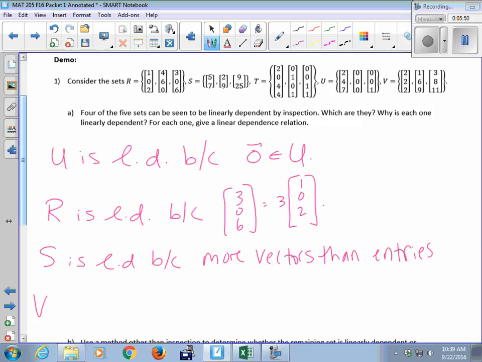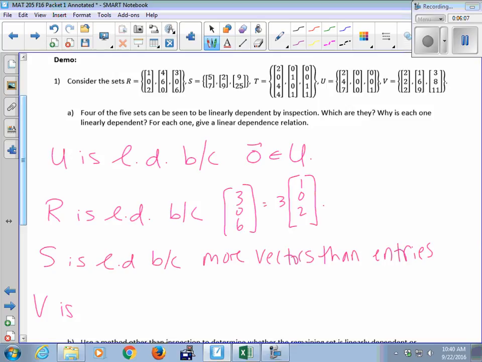R is a special case of that, because in R you could put a 0 weight on the 460, a 3 weight on the 102, and so 306 is a linear combination.